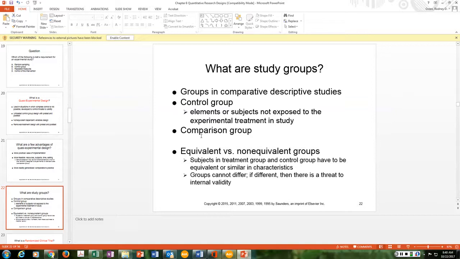The comparison group receives the treatment, and the other important point to know is that sometimes study groups are referred to as equivalent or non-equivalent. They really need to be equivalent. The subjects in the treatment group and the control group have to be equivalent or similar in characteristics. They really cannot differ on the key characteristics, because if they are different, then that's a threat to internal validity.